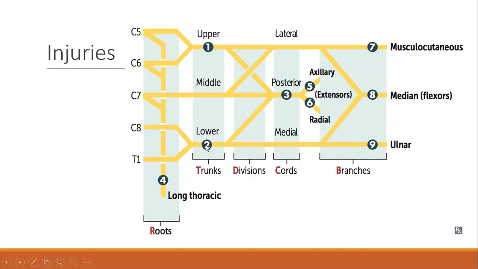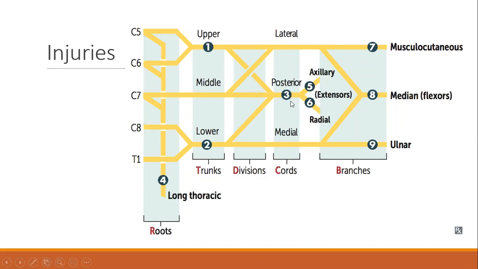And here's your lower trunk, C8, T1. We already talked about the long thoracic nerve for paralysis of your serratus anterior. And then notice how you can have damage of your medial cord versus damage of your axillary nerve versus damage to your radial nerve, and how all of those are going to be a little bit different.